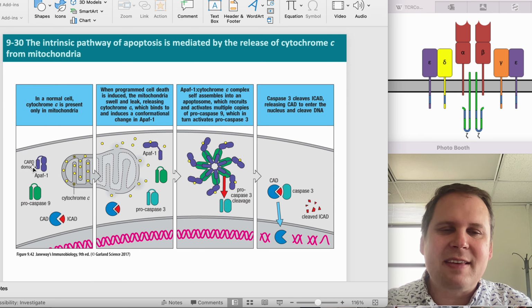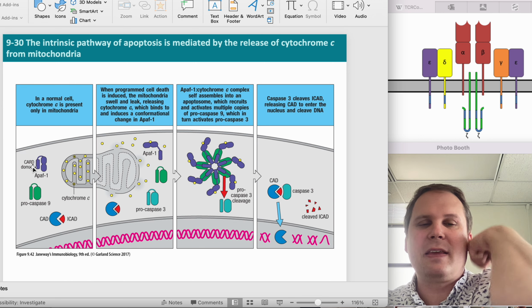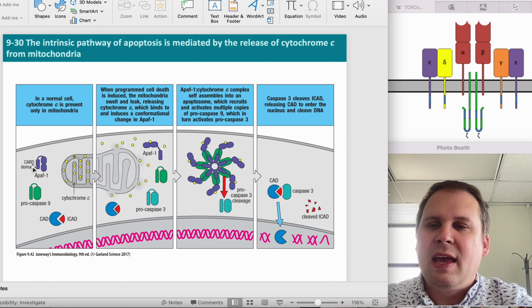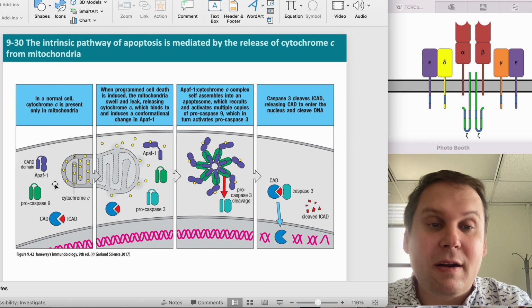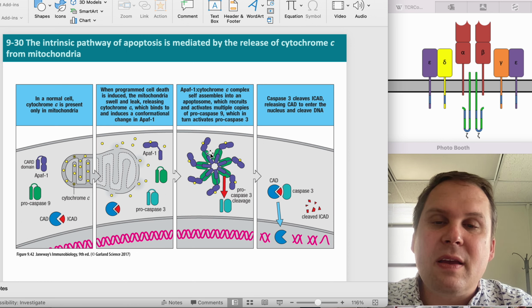There are a lot of ways to set them off, but when they get set off, they all do the same thing, which is they go from curled up like this to straightened out. And when they're straightened out, now the CARD domain is available to bind to caspases. And so open CARD domains can recruit caspase 9, for example.